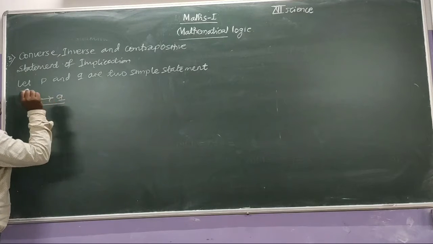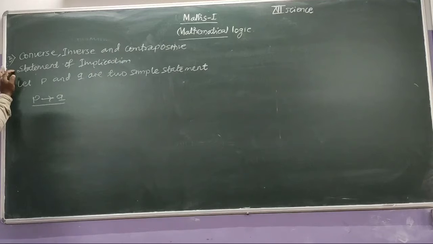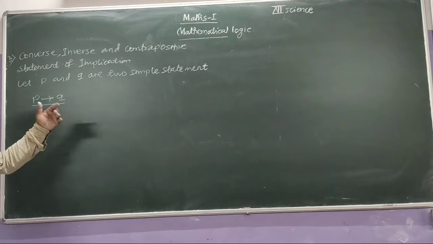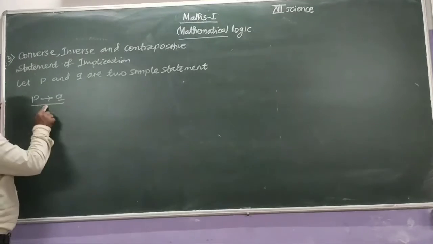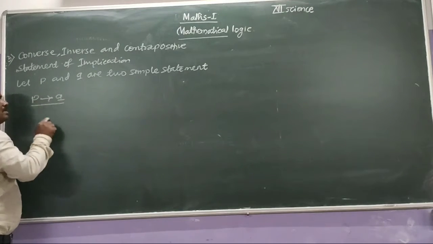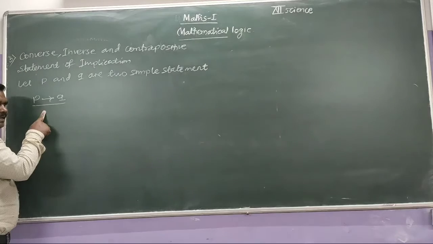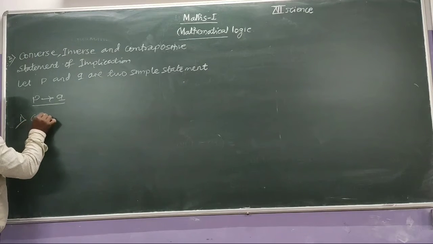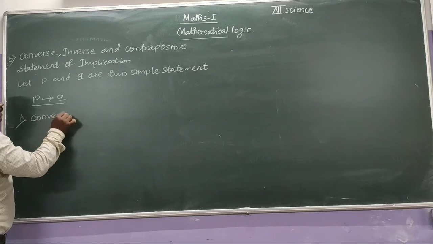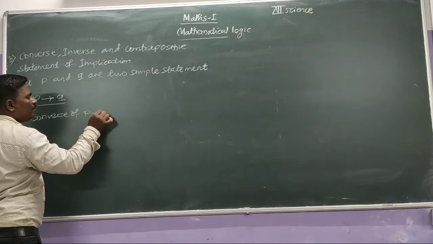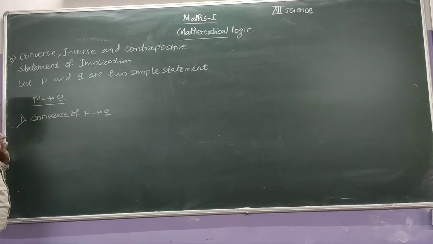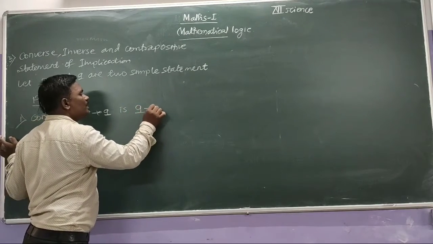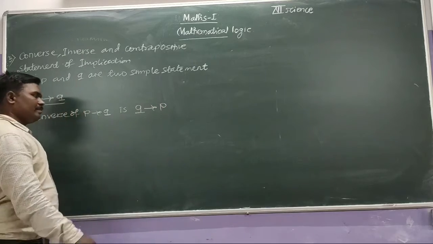मग कॉन्व्हर्स इन्व्हर्स कॉन्ट्रापोजिटिव्ह कशाचं घेतो आपण, स्टेटमेंट ऑफ द इम्प्लिकेशन किंवा इम्प्लिकेशन स्टेटमेंट. Therefore this symbol represents the implication. Okay, therefore first thing, that is the converse of P implies Q is Q implies P, that is the converse.